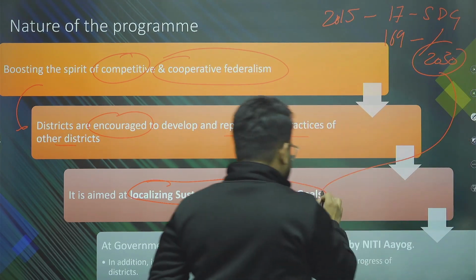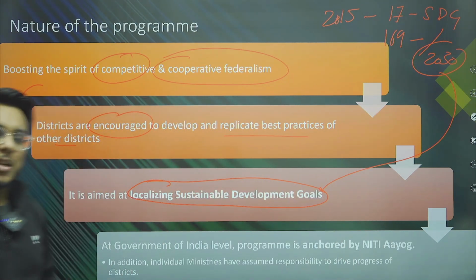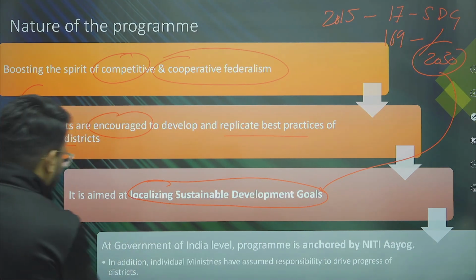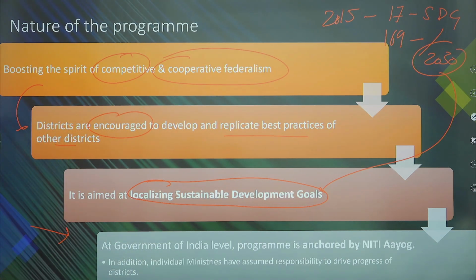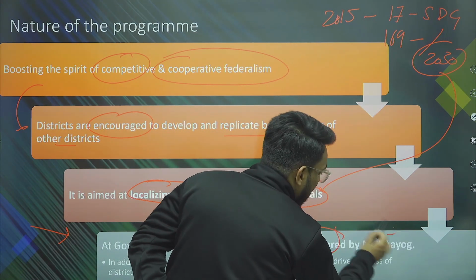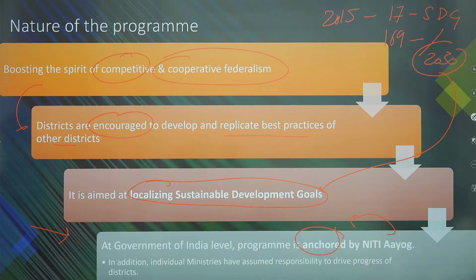Basically, under the aspirational district program, we aim at localizing sustainable developmental goals: how in a local context the sustainable developmental goals can be defined and pursued. And after that, at the level of the Government of India, Niti Aayog specifically is steering this entire program. Fine.